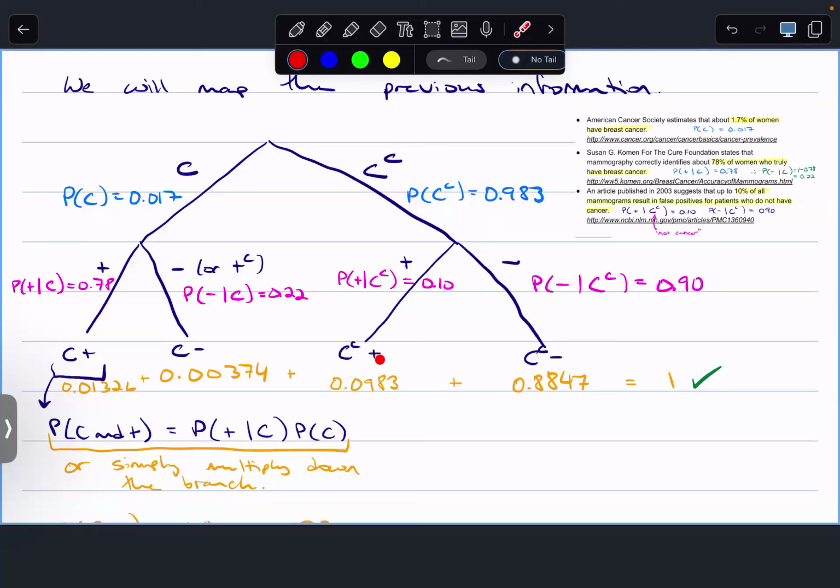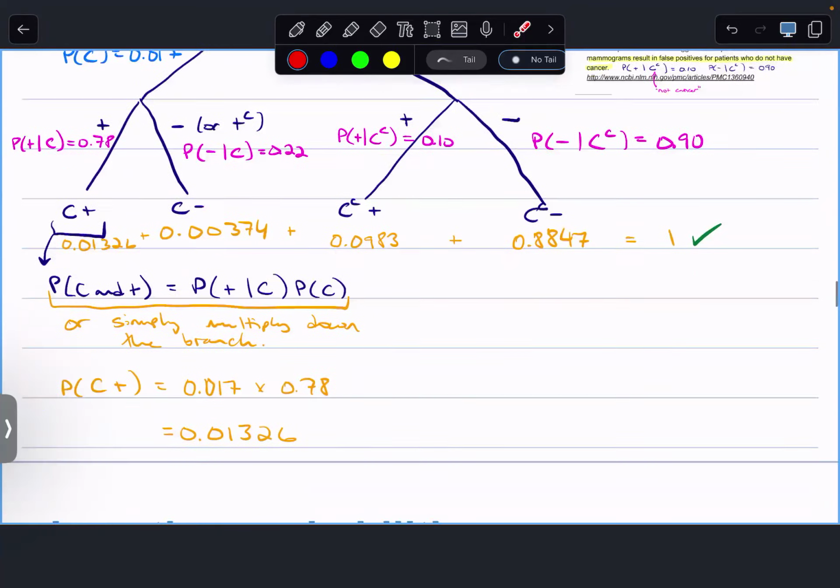I can have cancer and test positive, or I could not have cancer and test positive. So when you're saying or, you can add those probabilities. And so if you're interested in more than one branch, you can add the probabilities at the end of each branch to find that total probability.